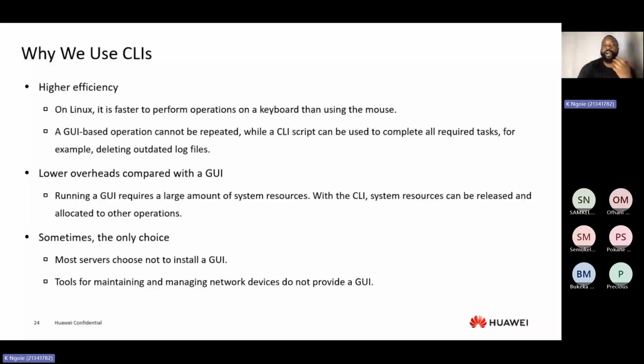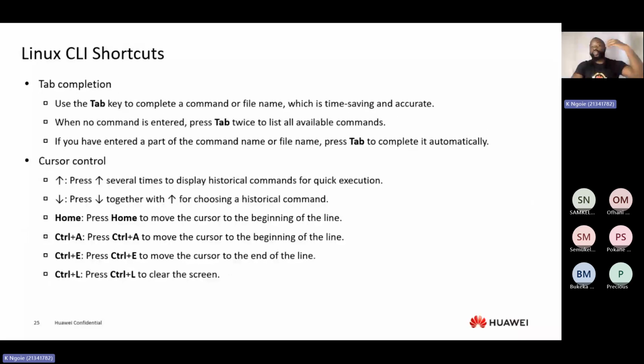Okay, so there are a few Linux CLI shortcuts which can help. For example, you have tab completion. Basically, you can use the tab key to complete a certain command or file name, which is time saving and accurate. So what does that mean? Tab completion will automatically complete a command or a file name.